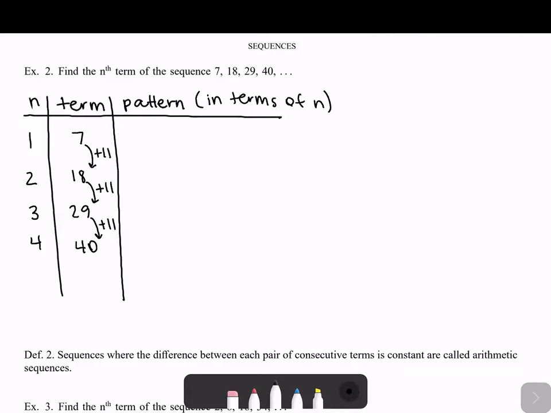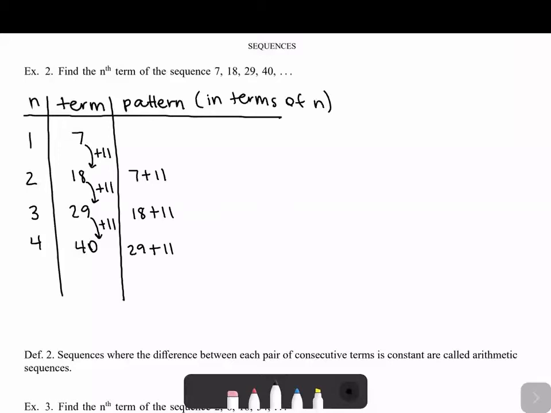So now let's see how we write that in terms of a pattern. We have that 18 is 7 plus 11. We have that 29 is 18 plus 11, and 40 was 29 plus 11. So now remember, we want this pattern to be in terms of n.